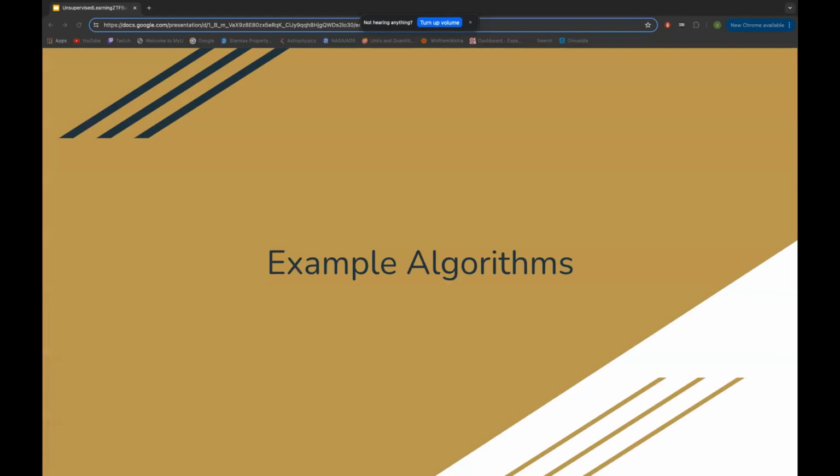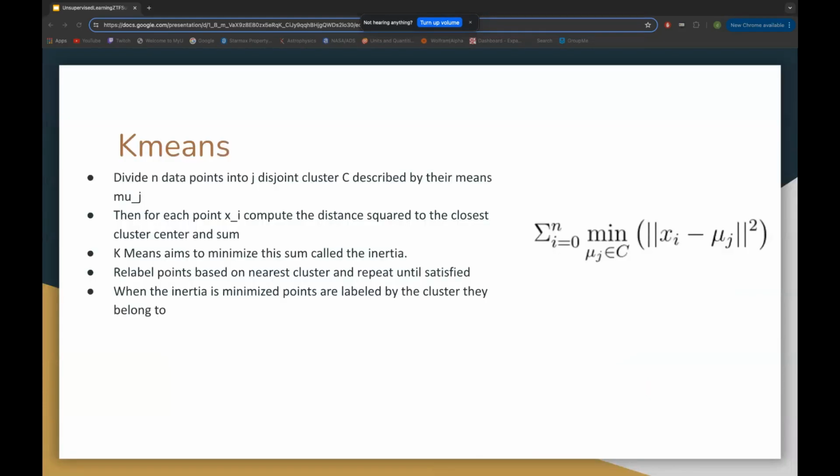So, example algorithms. The first and most simple algorithm is k-means. Here I have in words what happens. First you pick a random partition of your n data points into j different clusters.